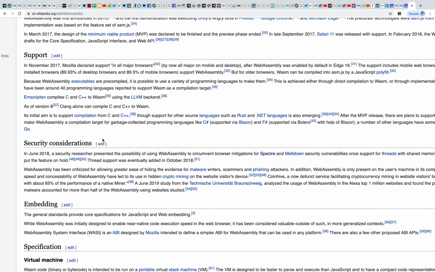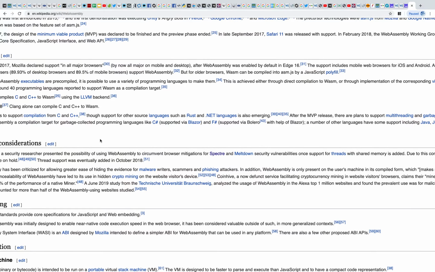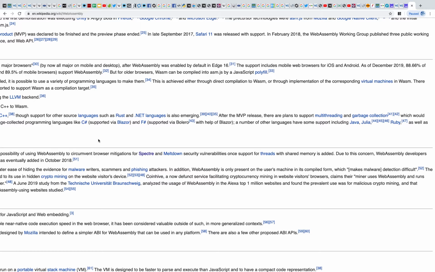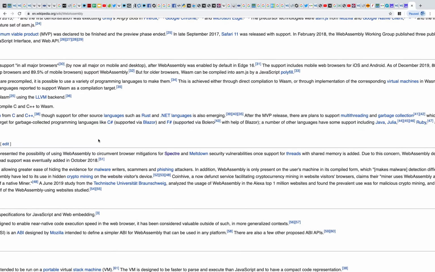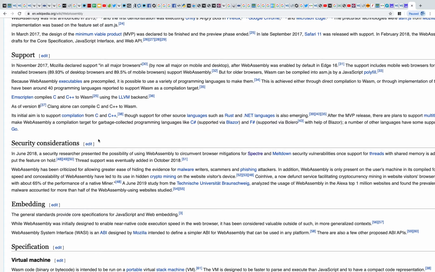The languages that are going to be supported in the virtual machine natively right now are C, C++, a language called Rust, .NET, C#, Java, and Ruby. They are all going to be languages that work natively inside the virtual machine.